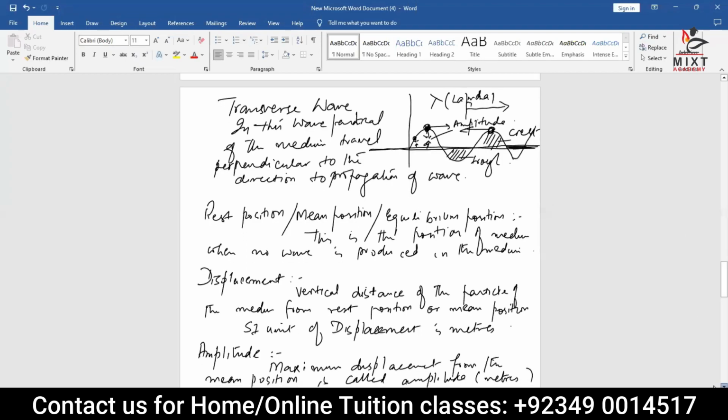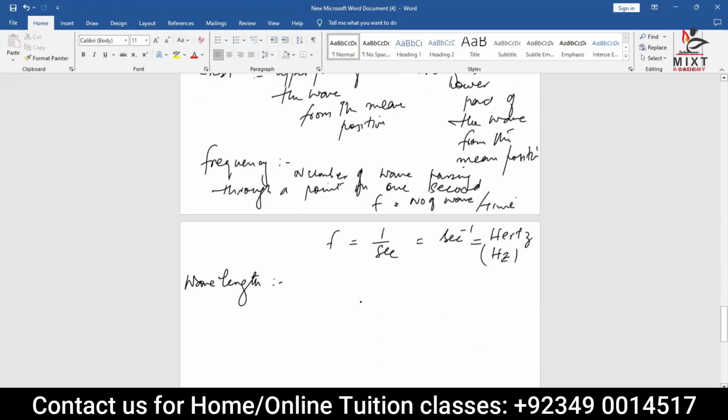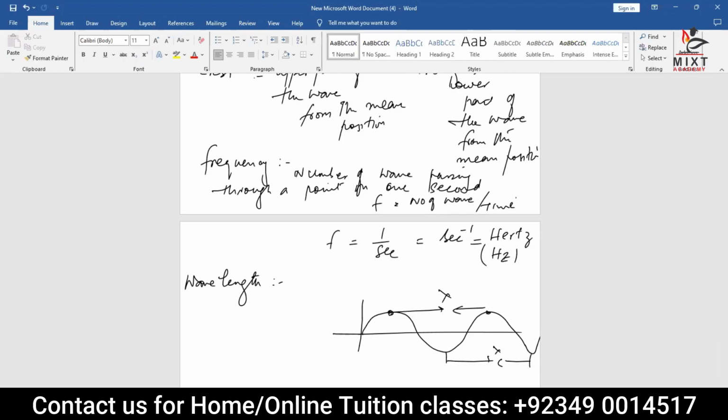For example, you have a wave. Now this is your crest and this is your crest. So that distance is called wavelength. And if this is your trough and this is your trough, that distance is also called lambda.